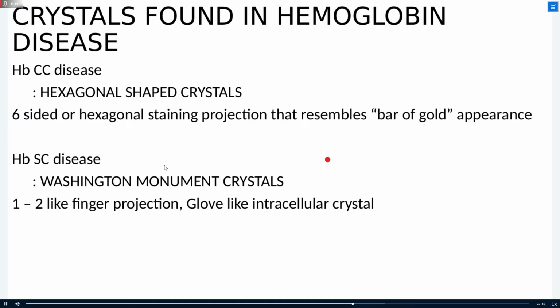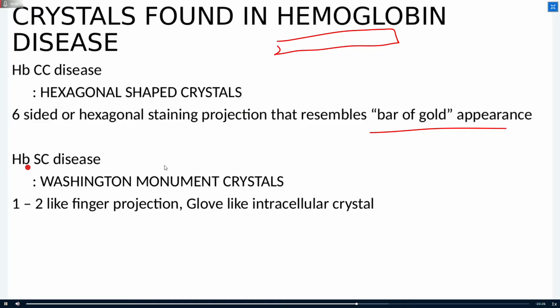In hemoglobin CC disease, class, there will be the presence of hexagonal shaped crystals appearing as six-sided. Diba? Hexa meaning 6, hepta meaning 7, octa meaning 8. So your hexagonal shaped crystals would appear as bar of gold appearance. So ganyan.